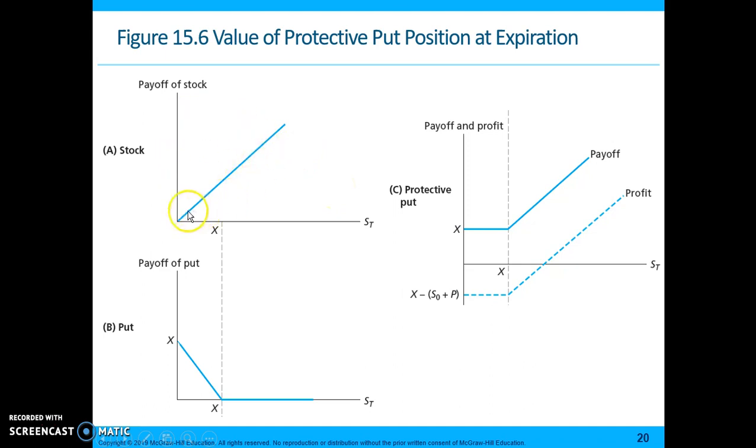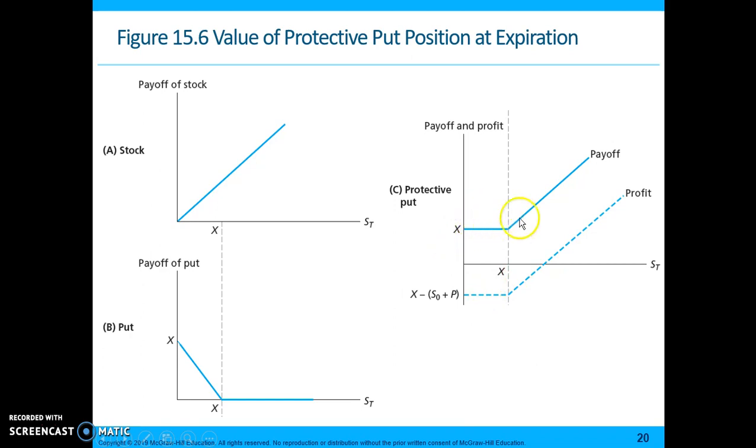You have the payoff of the stock, which is simply whatever the value of the stock is. Then the payoff of the put. The put kicks in if the stock price falls below the strike price. So these two 45-degree lines below the strike price cancel each other out, and you end up with a straight line on the payoff and the profit.